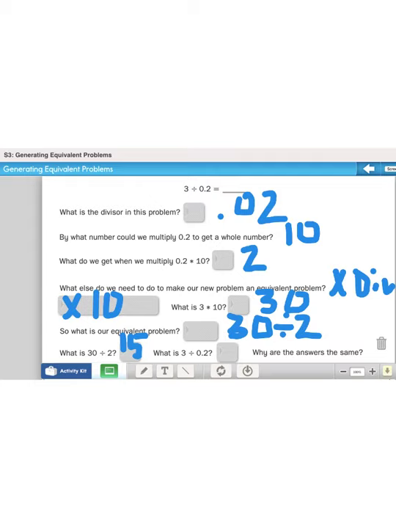The answer is also 15. Why are those answers the same? How many groups of 2/10 are in 3? There are 5 groups of 2/10 in 1, so there are 3 times 5, or 15 groups of 2/10 in 3. This is another way to show that the answer is 15.